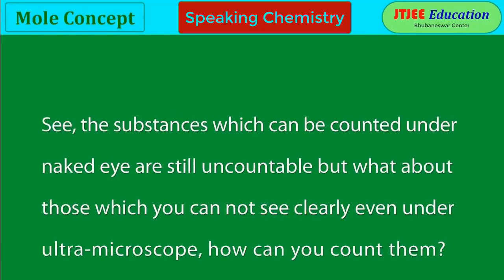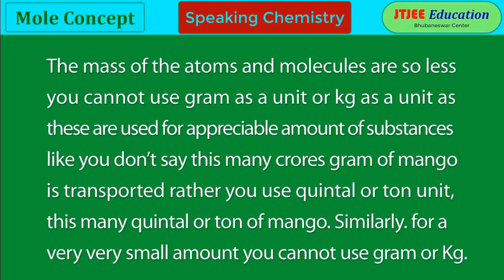See, the substances which can be counted under the naked eye are still uncountable, but what about those which you cannot see clearly, even under an ultramicroscope? How can you count them? The masses of atoms and molecules are so small that you cannot use gram or kg as a unit, as these are used for appreciable amounts of substances.